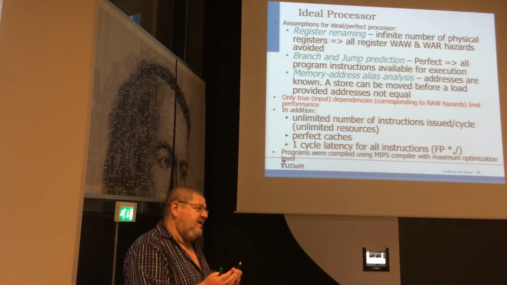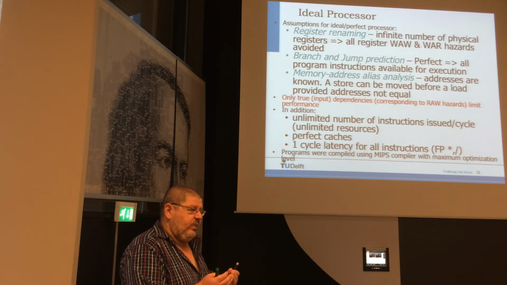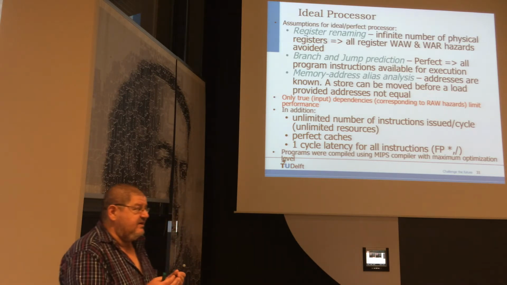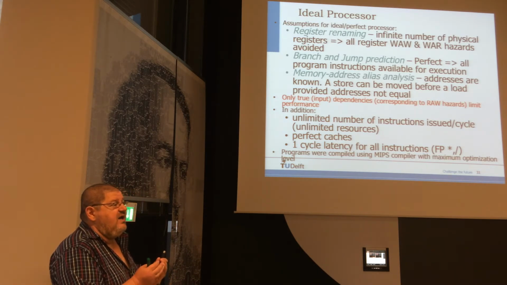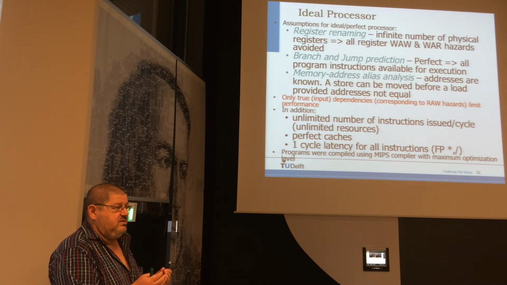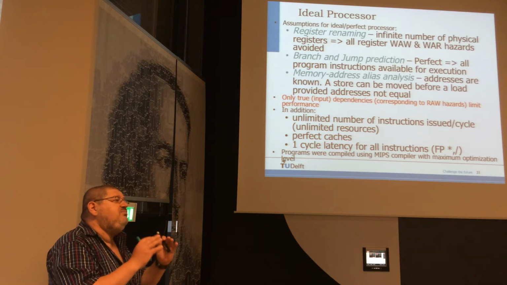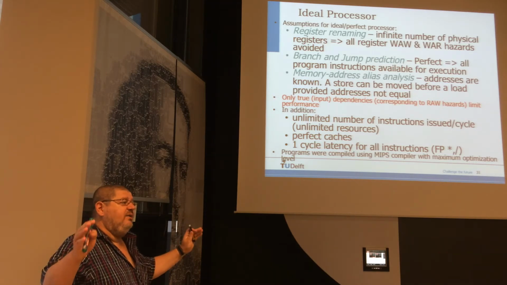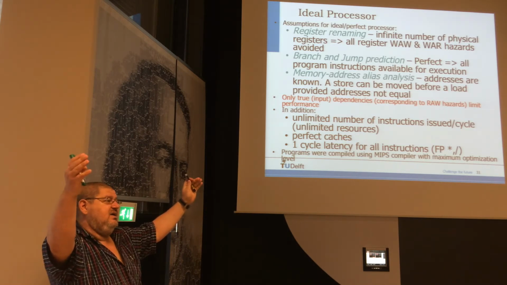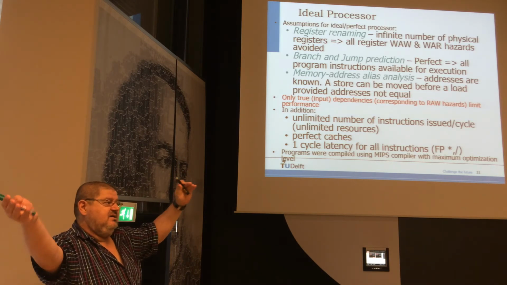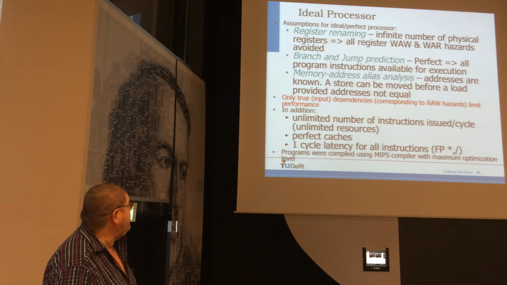This is something which I cannot implement most likely, but I can assume that it exists in the sense of evaluating an upper bound. If I would be able to implement it, what would be the maximum instructions per cycle, or cycles per instruction, that I can get, because they are telling me the same story.